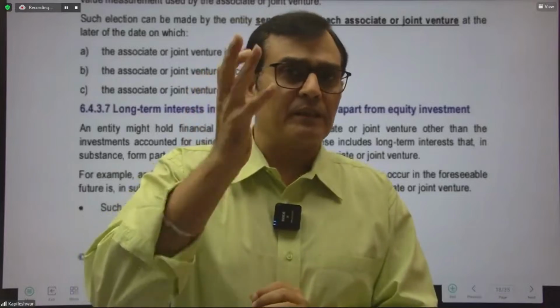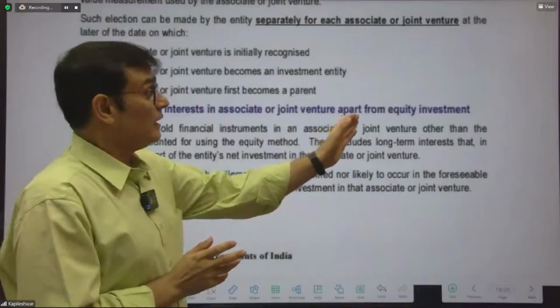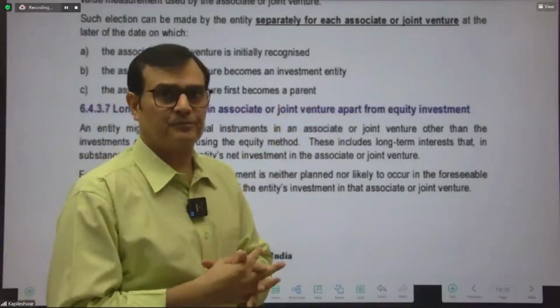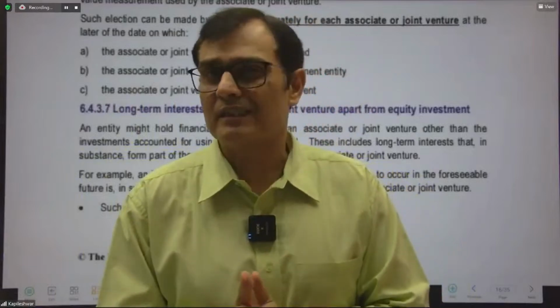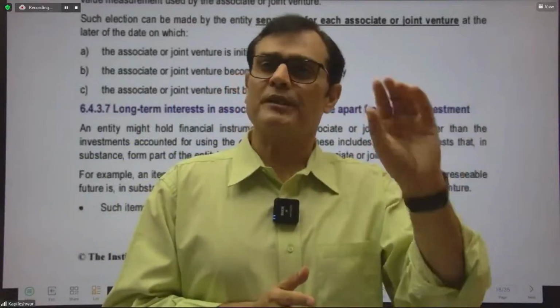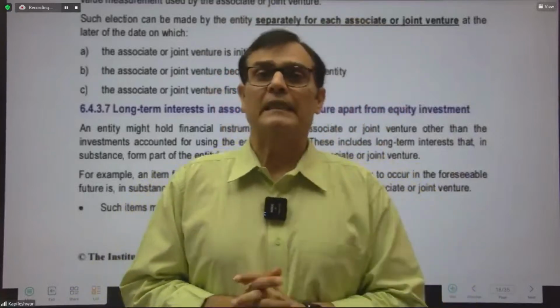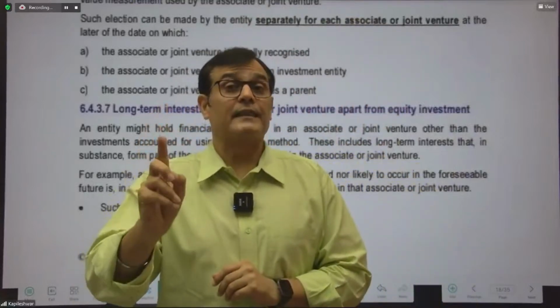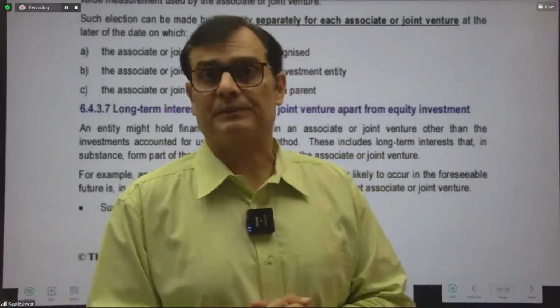Then there could be a third question, where you have got interest other than equity investments in the associate company, certain long-term interest, but the associate is a profit-making company. And the fourth combination is that you've got other than equity investments and the associate is a loss-making company.